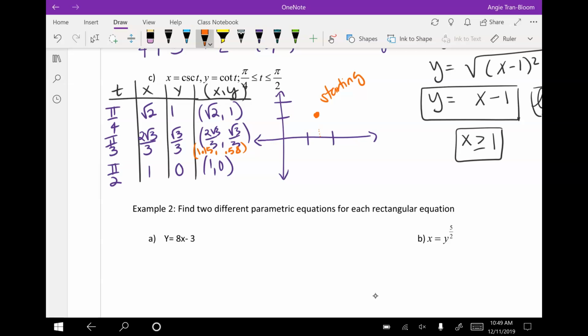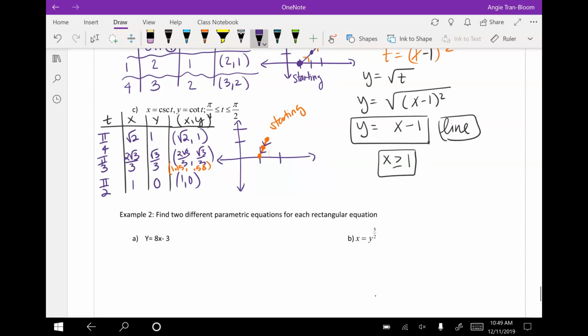And last one, 1, comma, 0. Remember, it asks for orientation, meaning the direction, so make sure you have an arrow or two in there. We graphed it by hand, we're good.